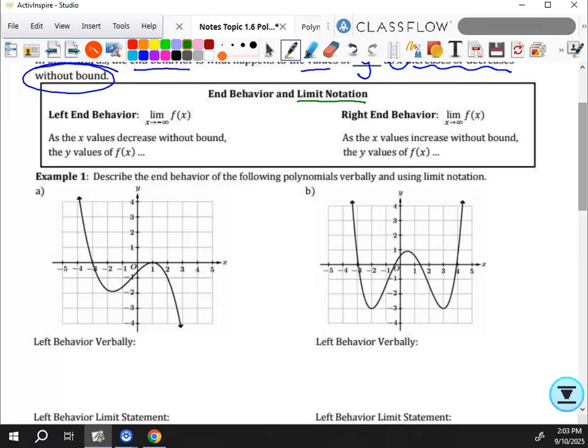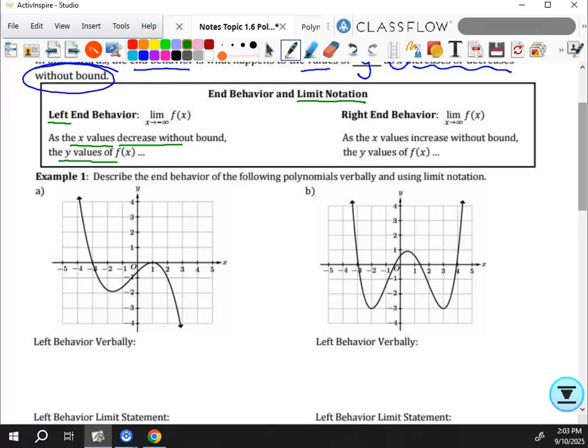When it's printed, if you look at this, we're talking about left end behavior, that means I'm heading to negative infinity, right? And so as x values decrease without bound, what's happening to the y values? That's what we're looking for. So here's what the notation looks like. Little lowercase lim, directly underneath that, there's an x with an arrow pointing to negative infinity.